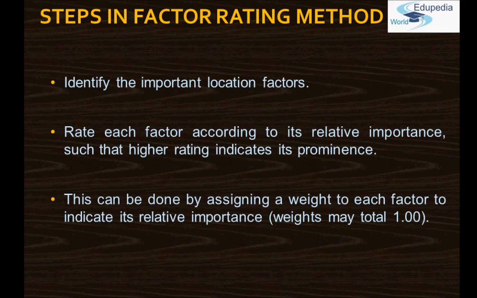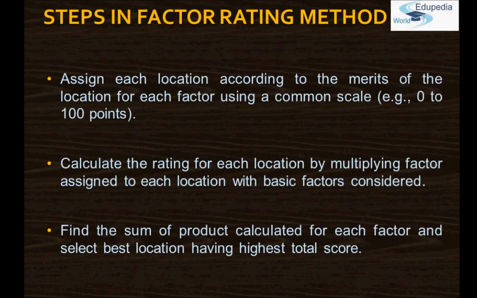You have some weighing scale and you give higher weight to those which are more important to you and lower weights to the ones which are of less importance. Thereafter, we pick each of these locations and, according to the merit, we assign certain points to each of these locations for all the factors.